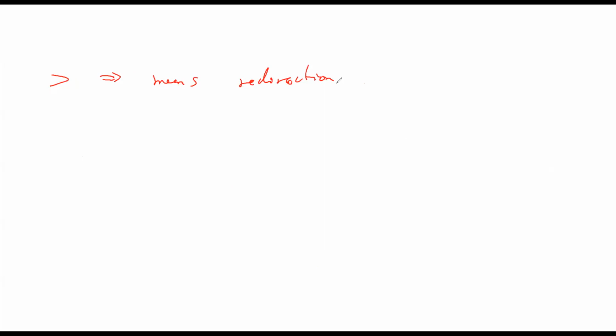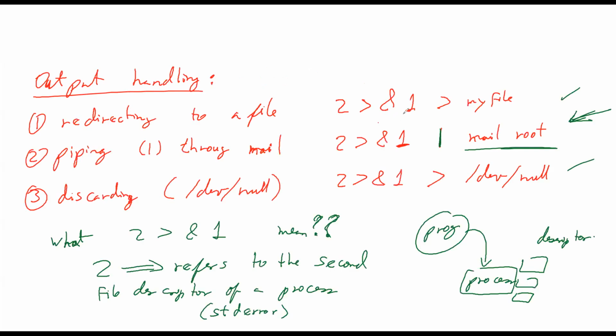That's why you have a final destination. Like in our example, the final destination was concatenating it with this one and then applying it to my file, or you want to send it to dev null, or you could have sent it to email, something like that. That's basically the idea.